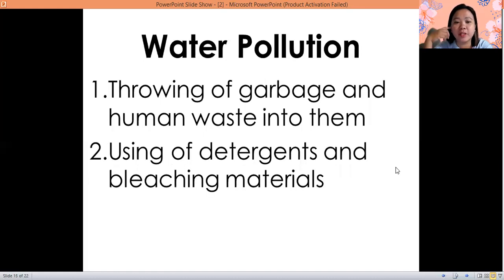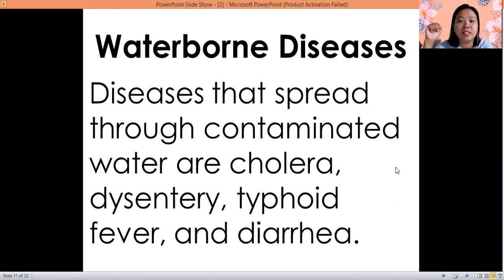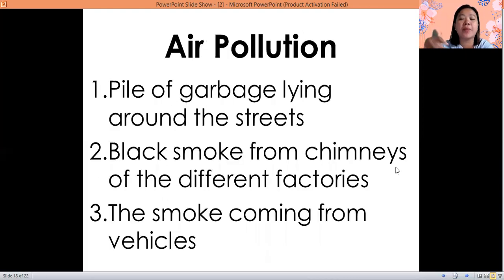Okay, for the water pollution, what are the activities that can cause the water pollution? Throwing of garbage into the water, and also our human waste, and using of detergents and bleaching materials. So what are the diseases that we can get from water? Cholera, dysentery, typhoid fever, and diarrhea. Next, what is the cause of air pollution?